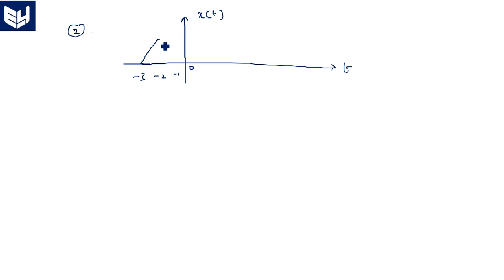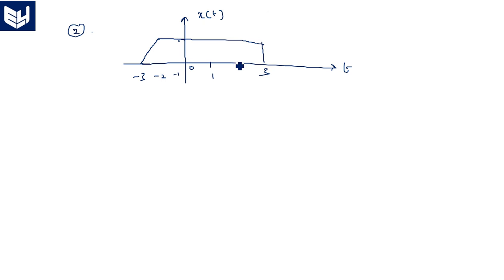All these questions are collected from previous question papers. So this is t, and the given signal x of t has a shape like this. Minus 3, minus 2, minus 1, and 0. From minus 3 to minus 2 a slope is there, and again a constant response, and it goes up to 3.